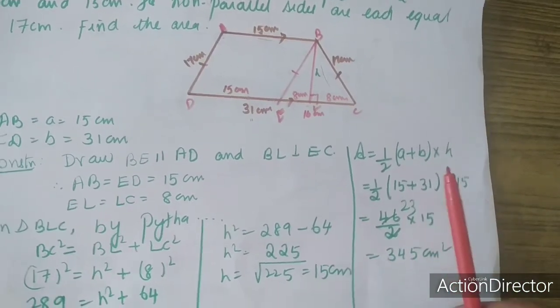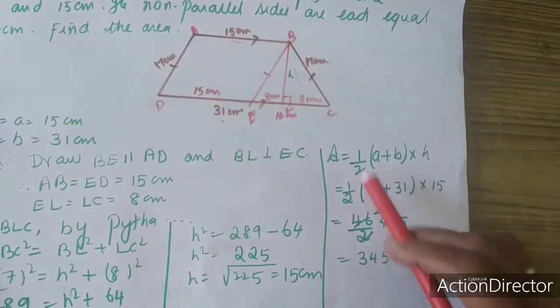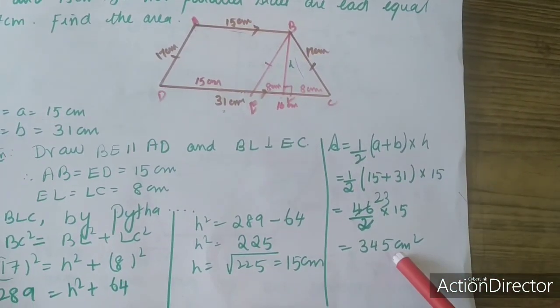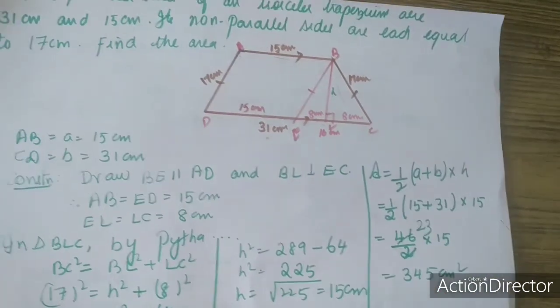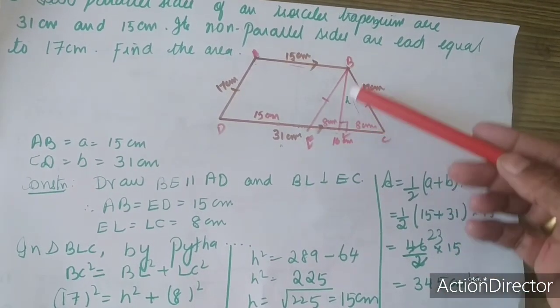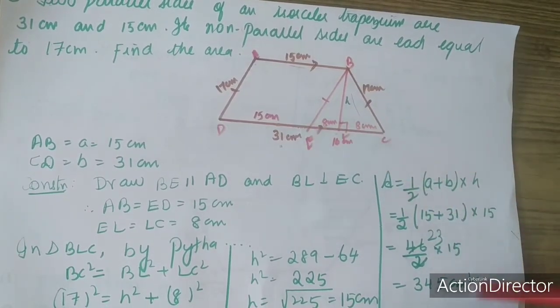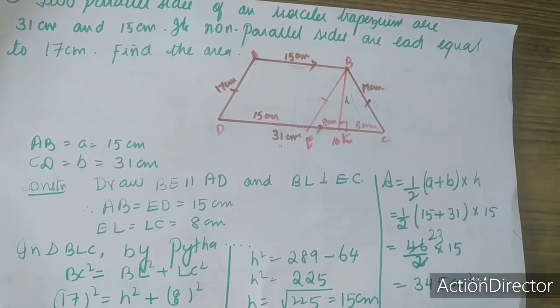After getting the height, put the value in the formula of trapezium, and the final answer I am getting is 345 centimeter square. So in this way, whenever the height is not given, a simple construction is done and we find the area of trapezium.